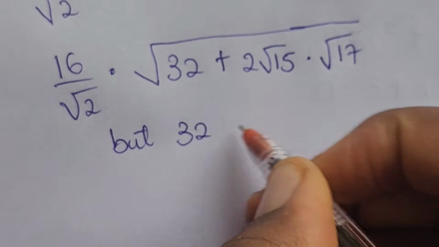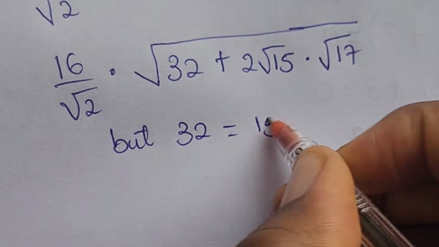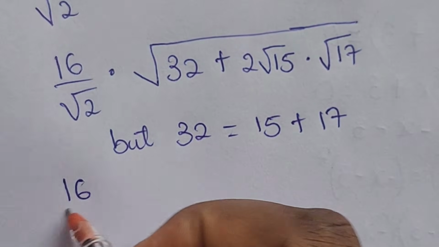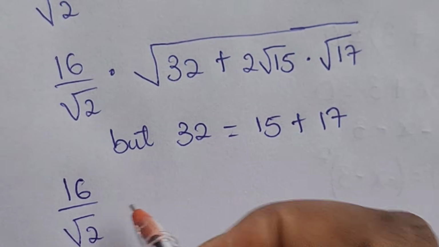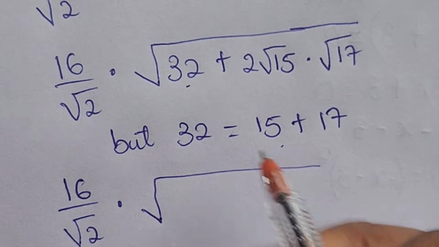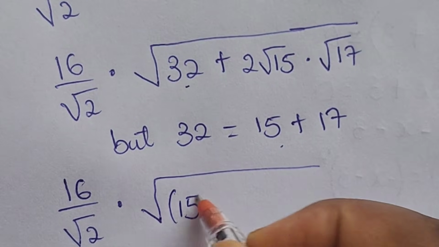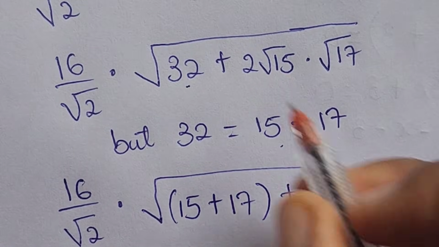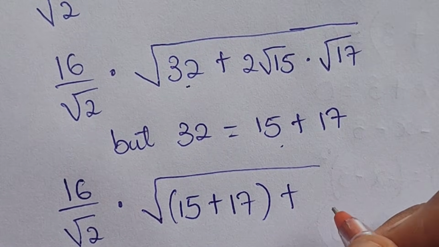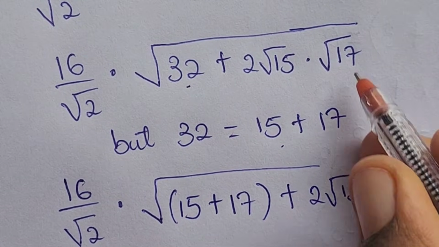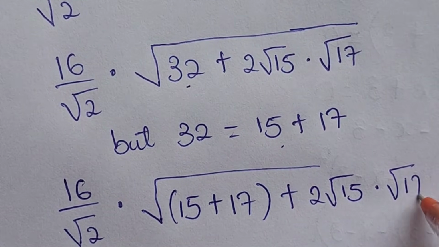But our 32 is the same as 15 plus 17. So I have 16 over root 2 times the square root of our 32 will replace as 15 plus 17 plus we have 2 root 15 and we have root 17.